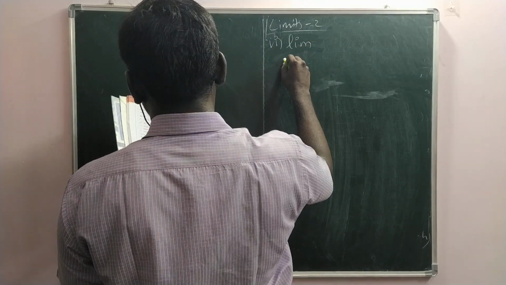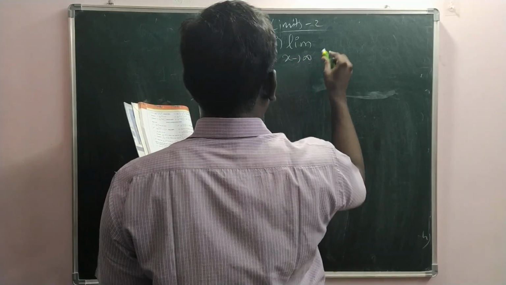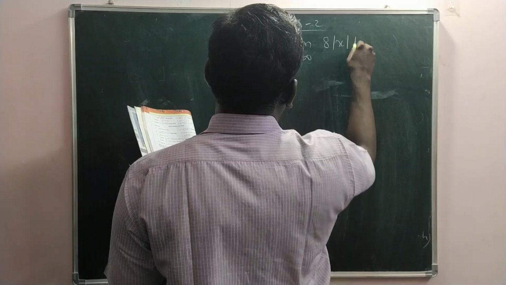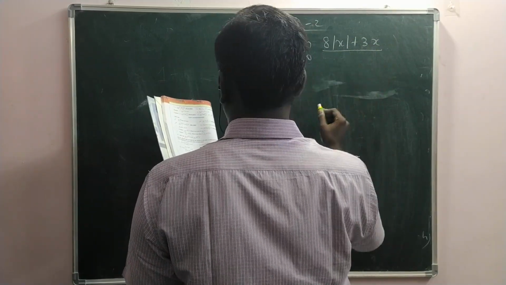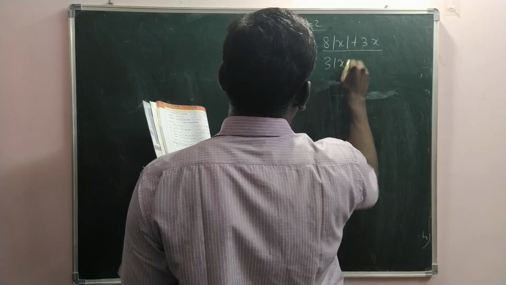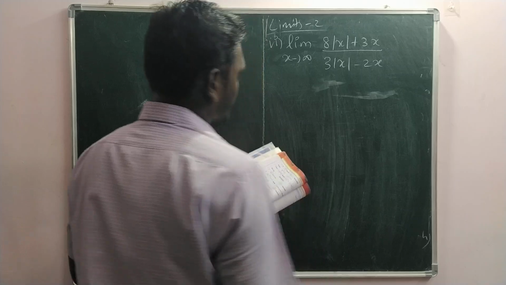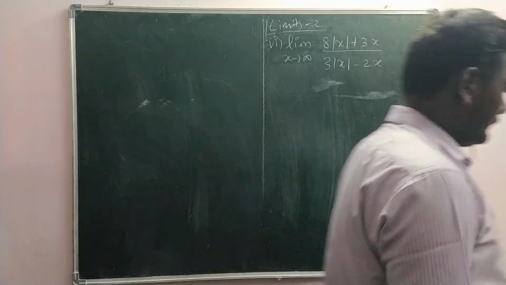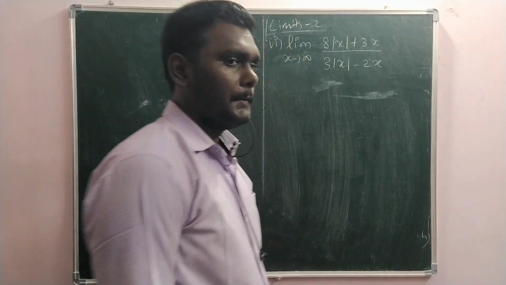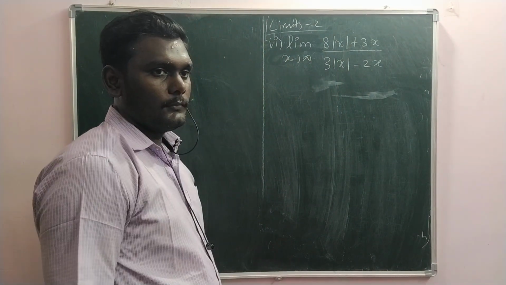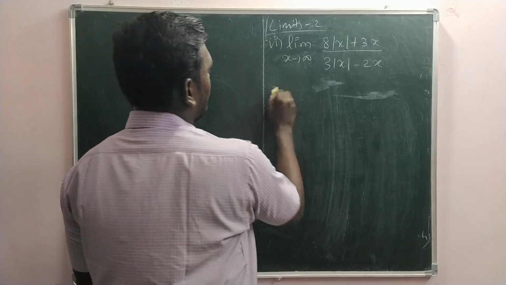Limit x tends to infinity of 8 into mod x plus 3 into x by 3 into mod x minus 2 into x. What I said for this kind of situation? Algebra of limits.